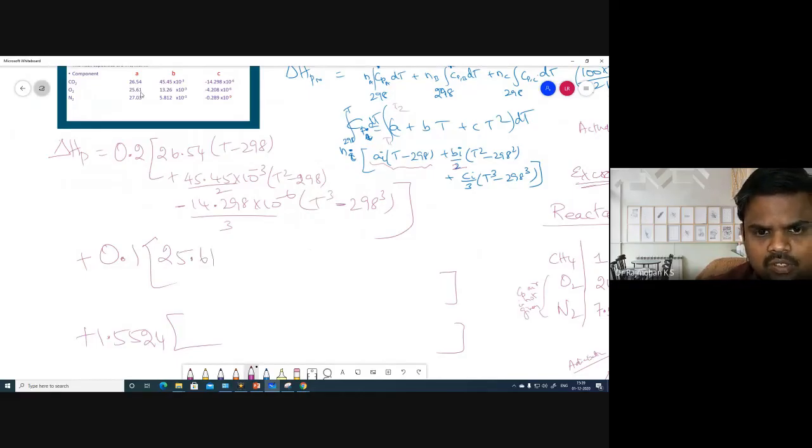So we have 25.61 into (T minus 298), plus 13.26 into 10 power minus 3 divided by 2 into (T square minus 298 square), minus 4.208 into 10 power minus 3 by 3 into (T cube minus 298 cube).